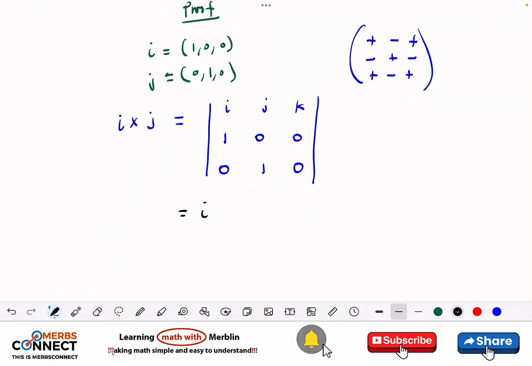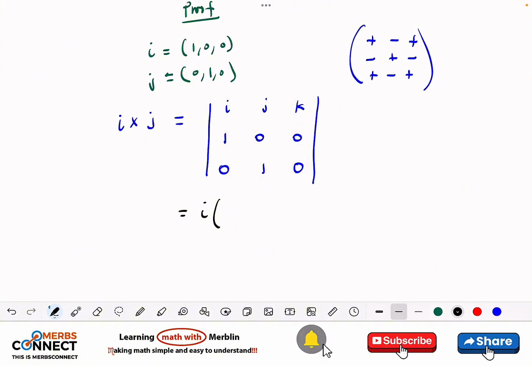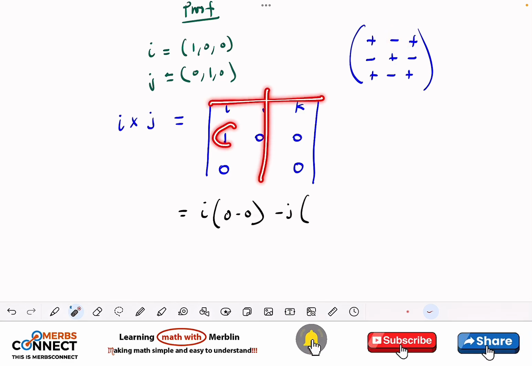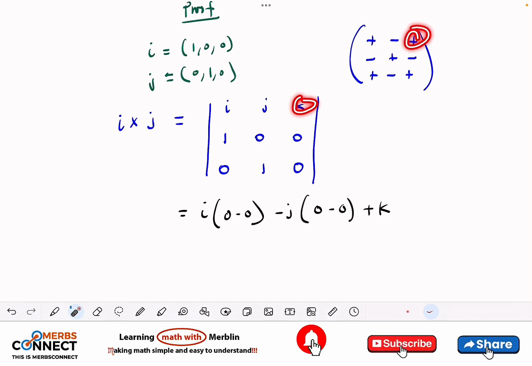When I maintain i, I cancel this row and this column. 0 times 0 will be 0, 1 times 0 will be 0. So I'm going to have 0 minus 0. Minus j, because this is minus. When I cancel this, 1 times 0 will be 0, 0 times 0 will be 0. So I'm going to have 0 minus 0 plus k, because this is a k and this is positive.